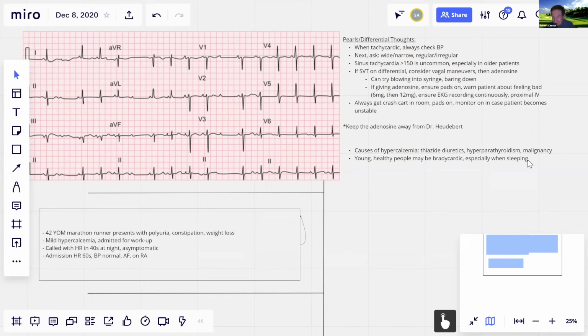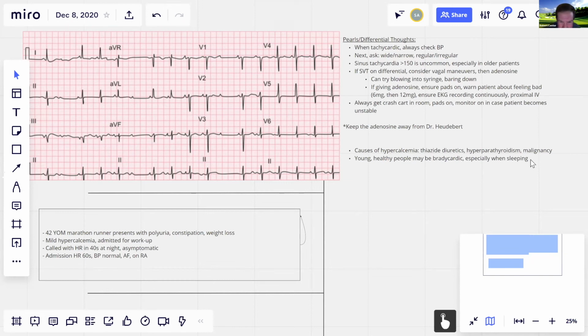Why doesn't someone pull up Google and look that up? Because I don't know the answer to it. Did this hypercalcemia cause this intermittent dropping of a beat?